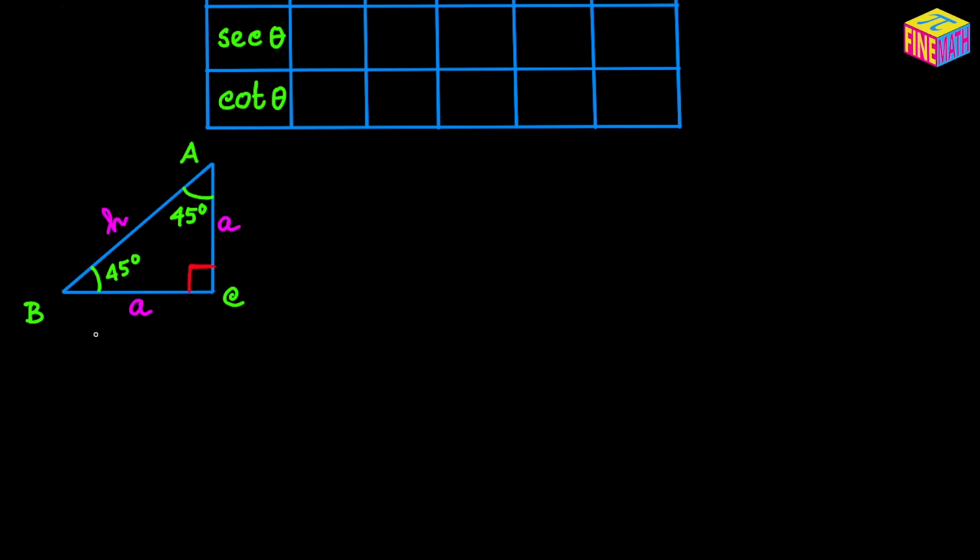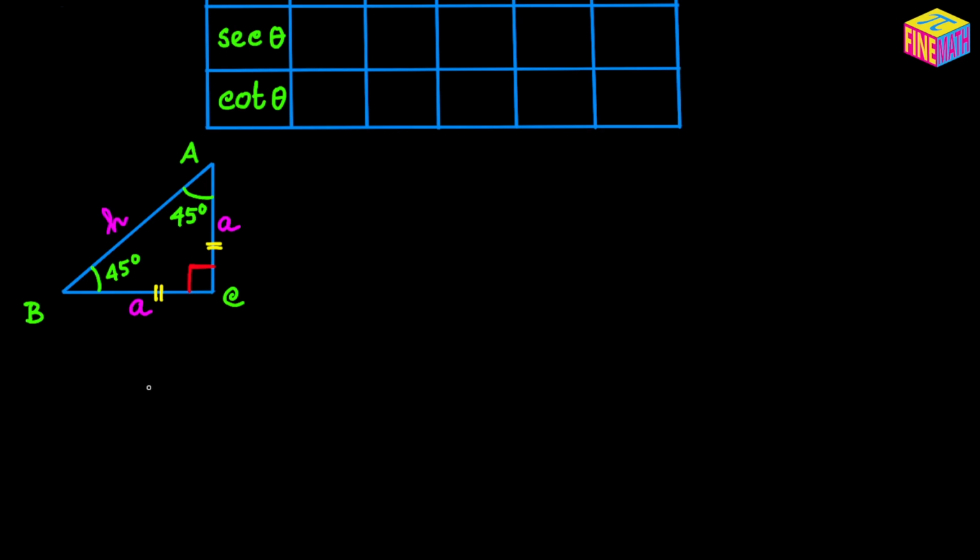The two acute angles would be 45 degree each because it's an isosceles triangle. The side BC and the side AC are of equal length, and angle C is the right angle. So angle B would be 45 degree and angle A also would be 45 degree.